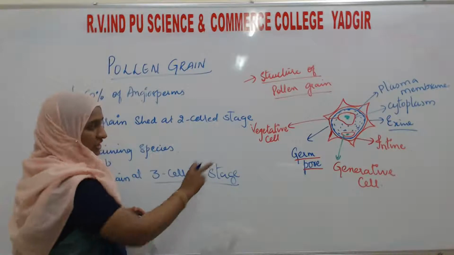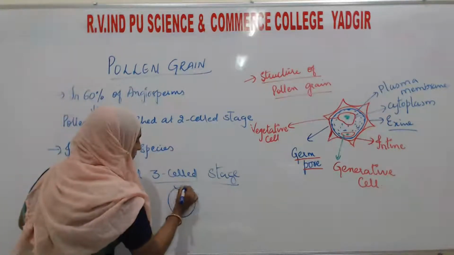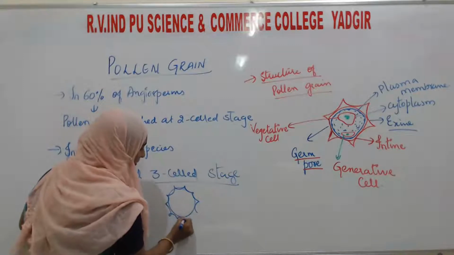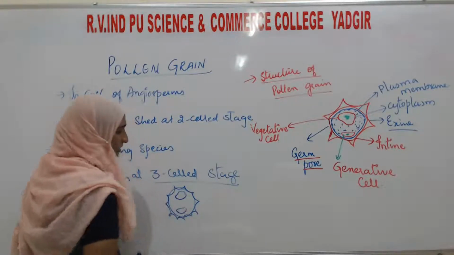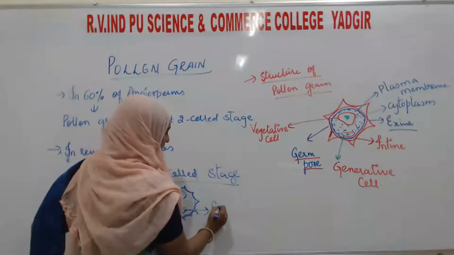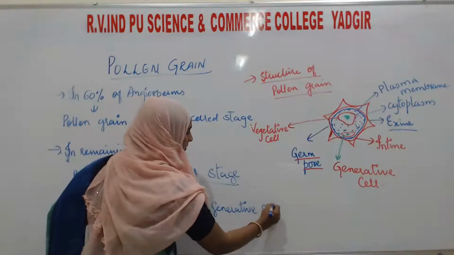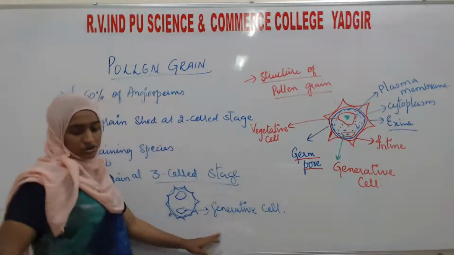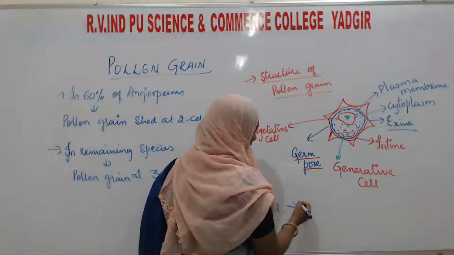Here, whatever the generative cells will be there. For example, this is the pollen grain. Here this is the vegetative cell and this is the generative cell. This generative cell divides. This generative cell will divide to form two cells.